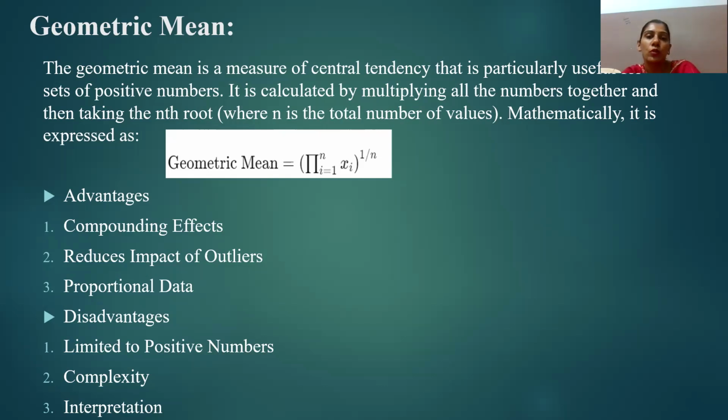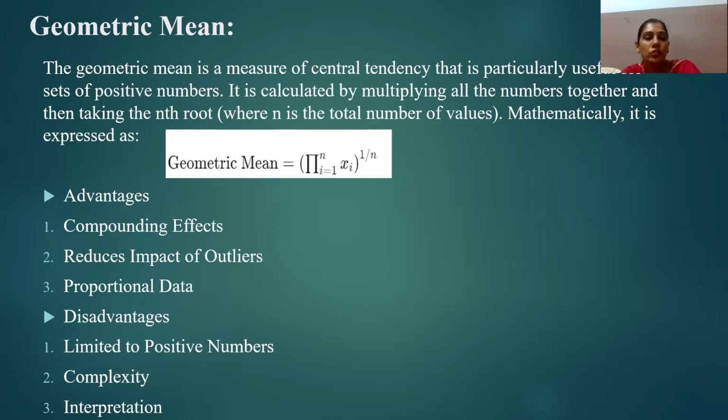So we use the geometric mean and the harmonic mean for this purpose. When data sets are fluctuating and we need to remove and add some values, we should go for the geometric mean method and harmonic mean method.